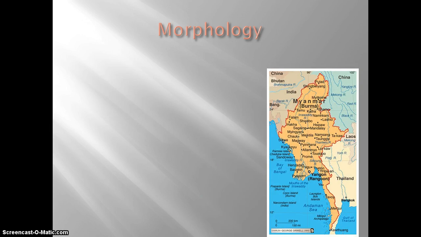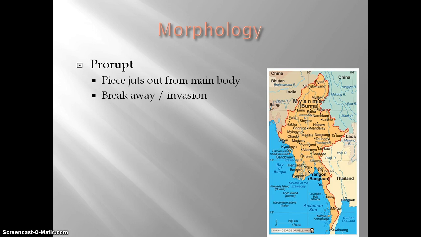Our next, I believe our next to last, example here is Myanmar or Burma. And again, you can find many examples of this, but this is the prorupted state. A prorupted state is a state that has a piece that juts away from the main body. So you'll see this little tail here off of Burma, and you could also consider Thailand to be a prorupted state.